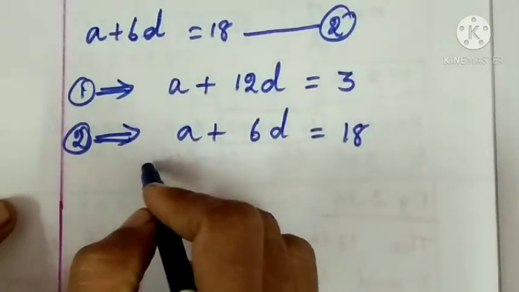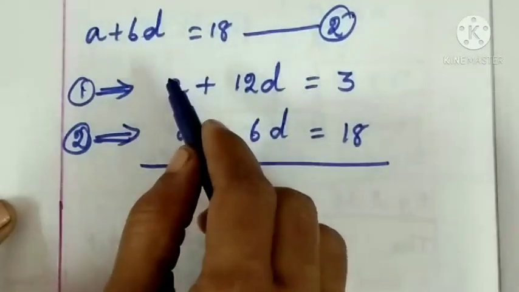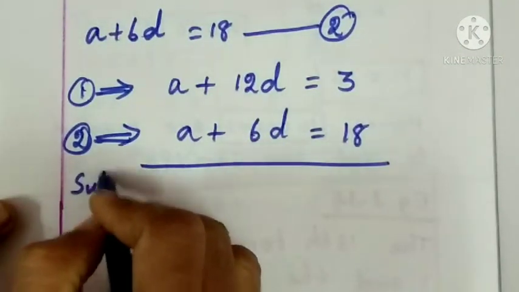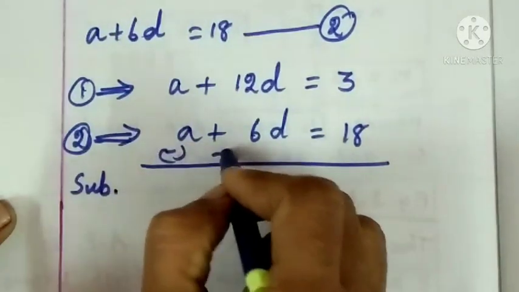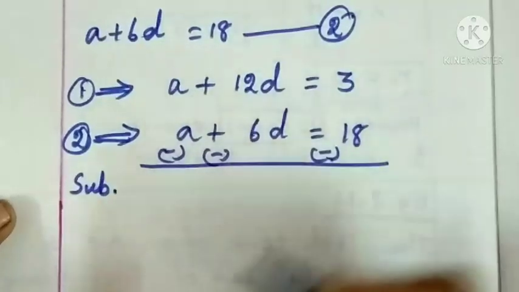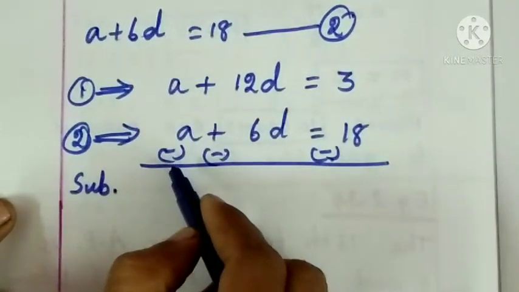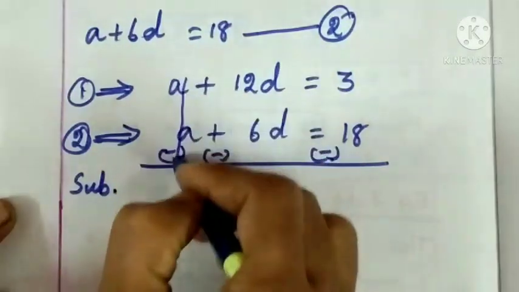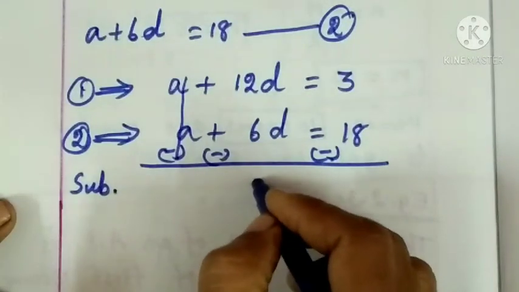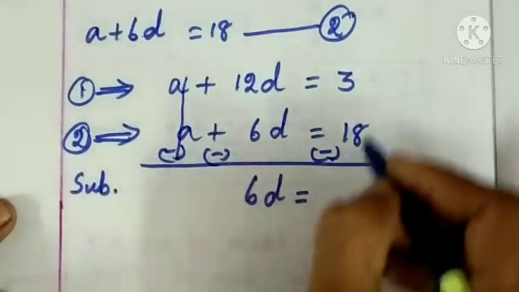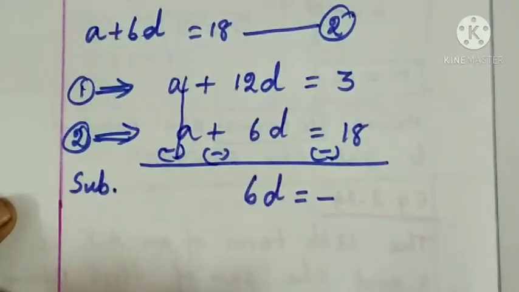Let us see. Now you have to subtract these 2 equations, means change the sign: minus, minus and minus. Therefore, plus a and minus a cancel and get 0. Then 12d minus 6d, we have 6d is equal to 3 minus 18, that is minus 15.